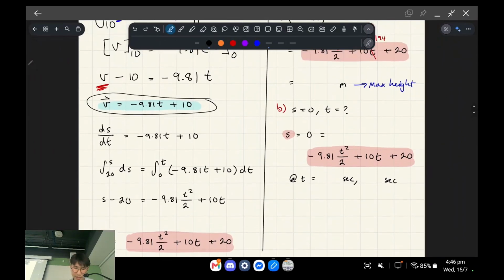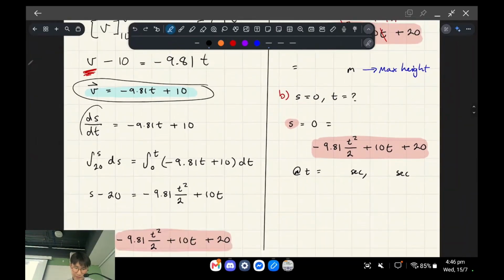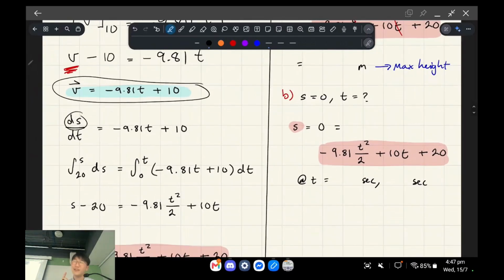Okay. So now we know that velocity is the derivative of displacement. Basically v is equal to ds over dt, right?